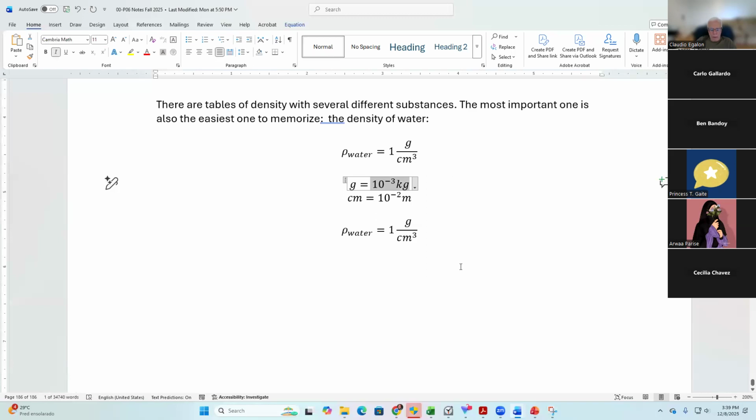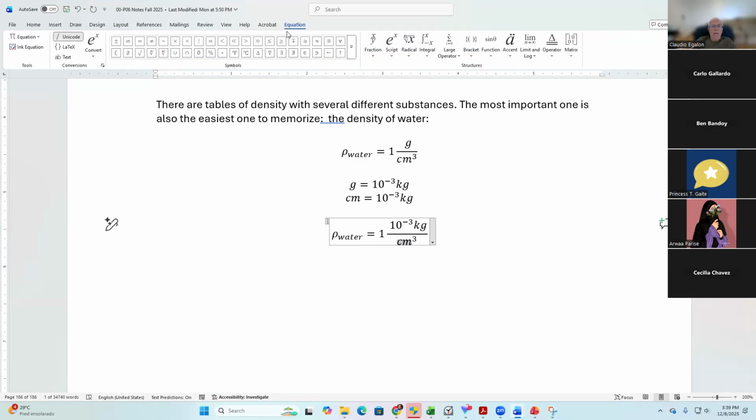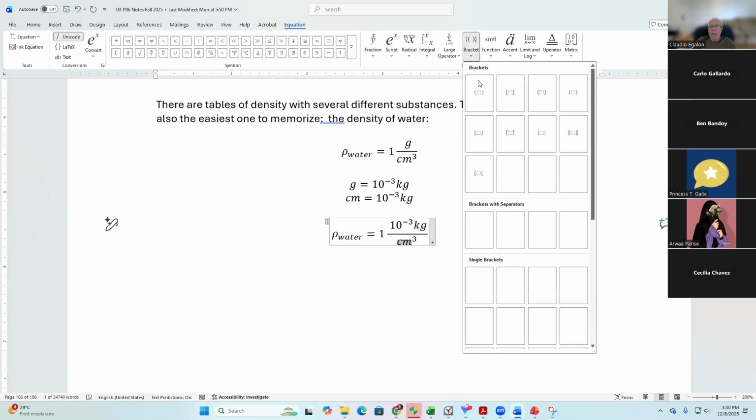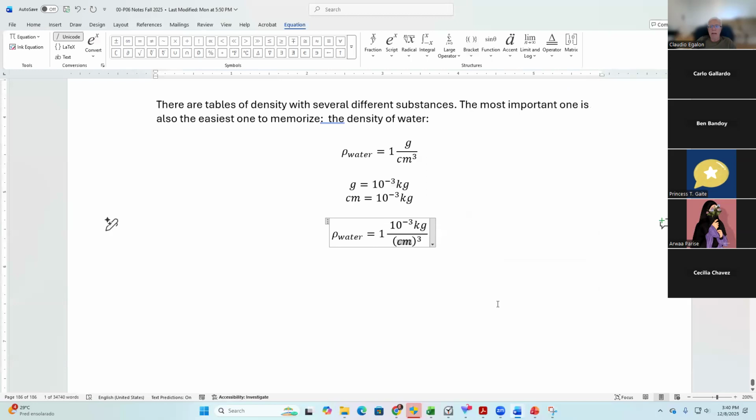1 gram is substituted right in here. 1 centimeter is substituted right here, but don't forget that what you have right in here is a parenthesis.